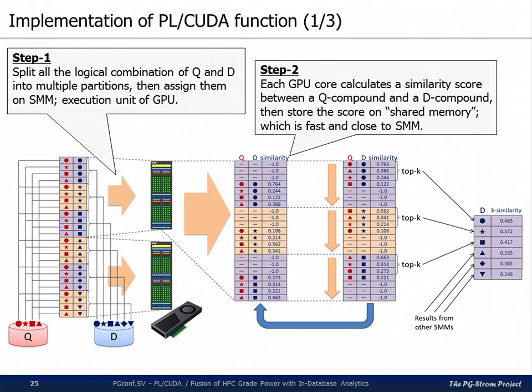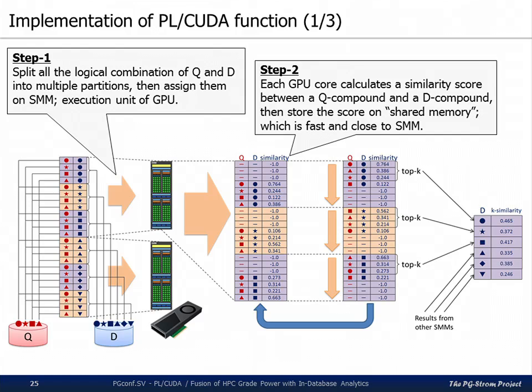It is Q times D. And it is not so small, so we have to map a particular range into SMM. It is a unit of execution on GPU, and each SMM is responsible for calculating the distance between two chemical compounds. These are recorded on the GPU memory.